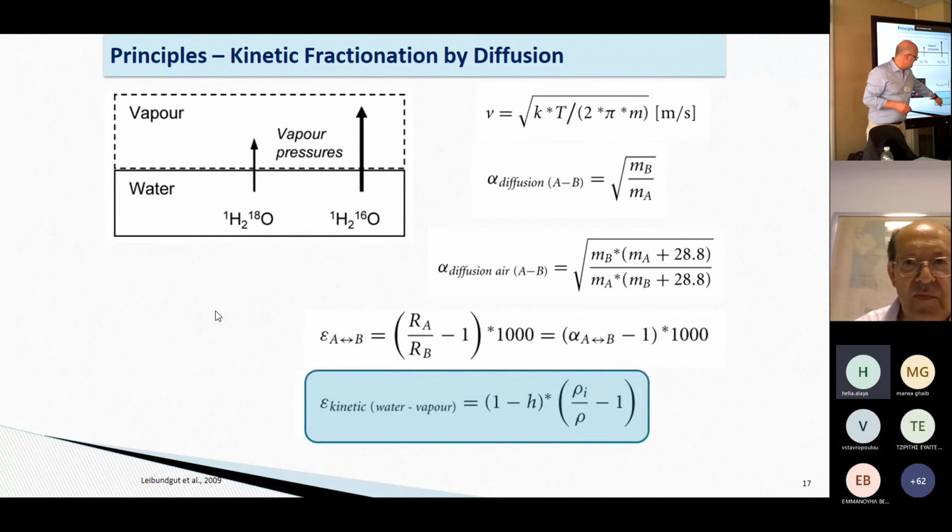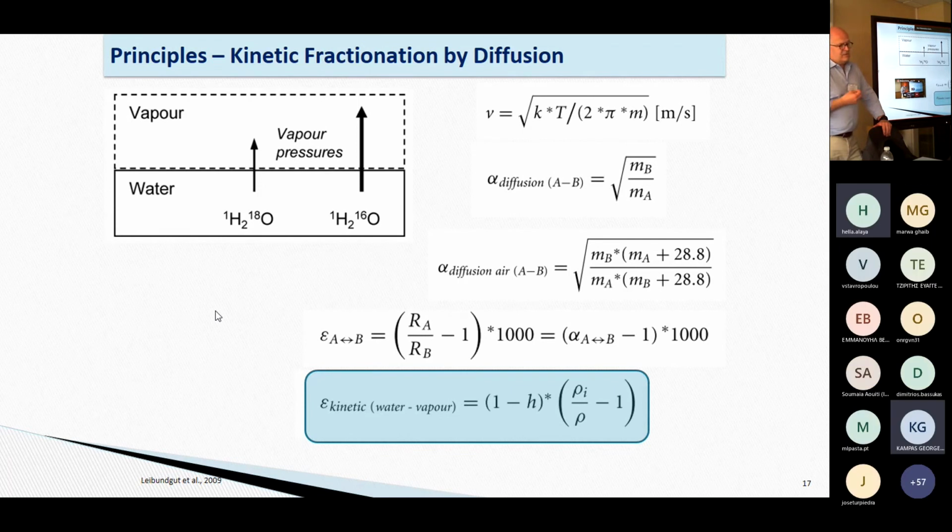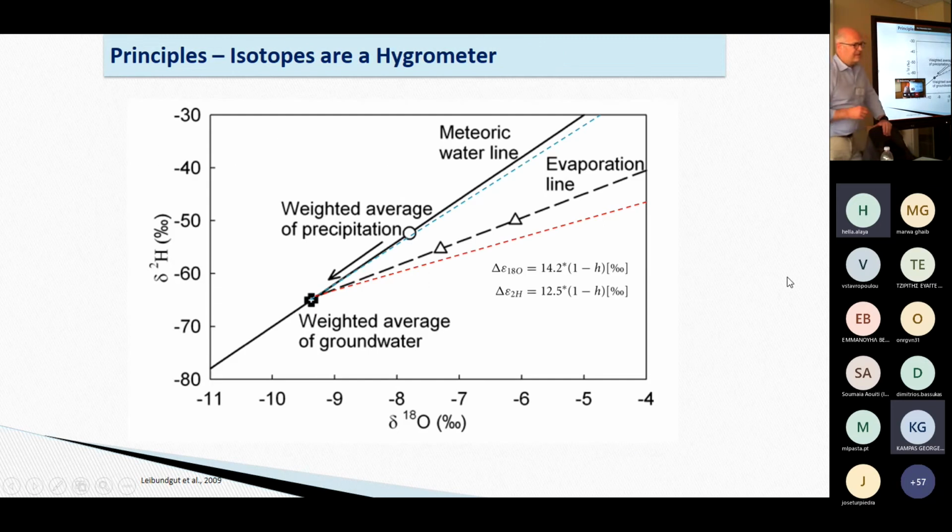By evaporation, the kinetic fractionation of water to vapor depends on 1 minus H, and H is the humidity, multiplied with the density of the one isotope divided by the total density of air minus 1. So this is basically now the first really useful equation, and it can be used now to calculate the isotopic impact of evaporation.